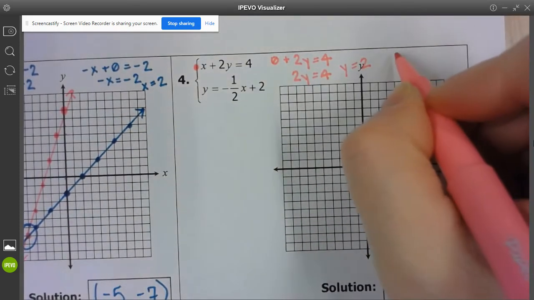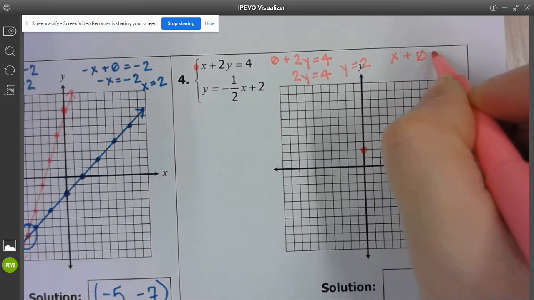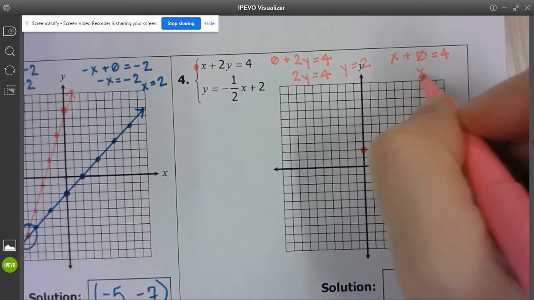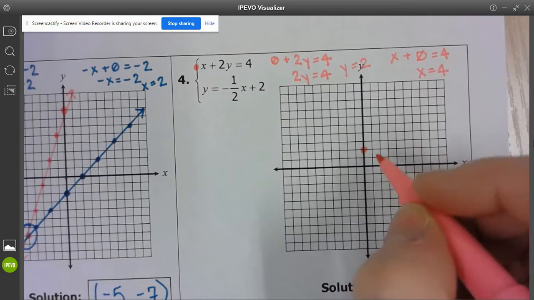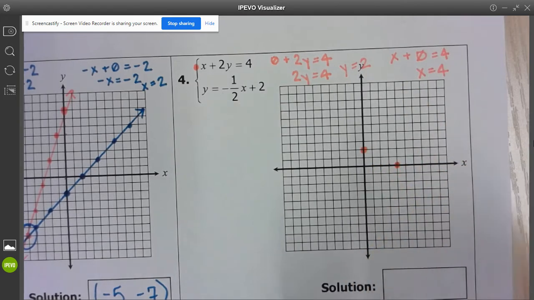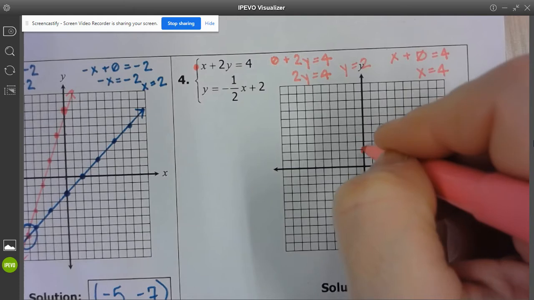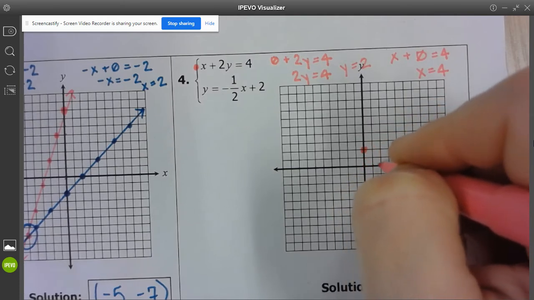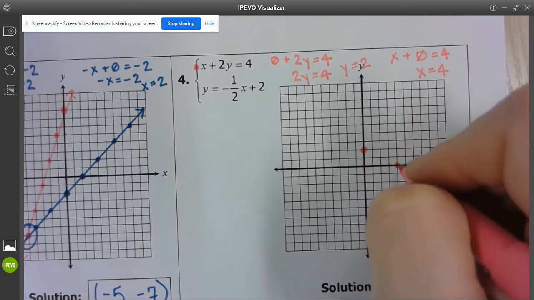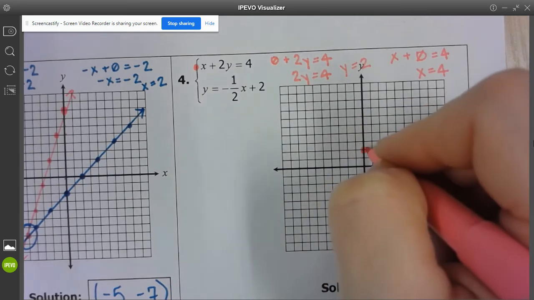And I could do the same thing and keep x. Take out y and put a 0. X is 4. 1, 2, 3, 4. Now again, like we did on the last one, those are still pretty close together. So down 2 over 1, 2, 3, 4. I'm at least going to put 2 more dots.